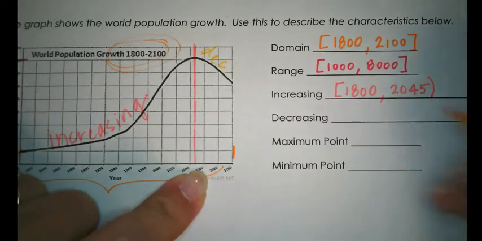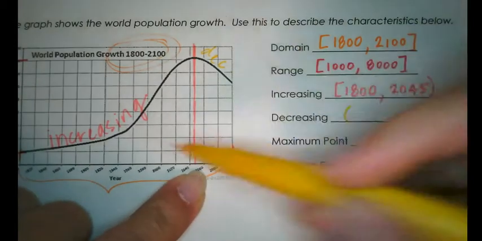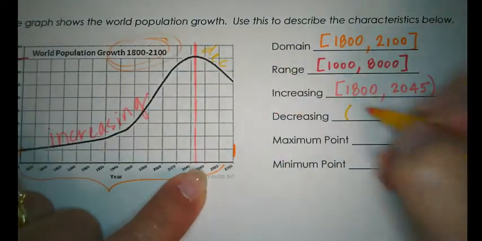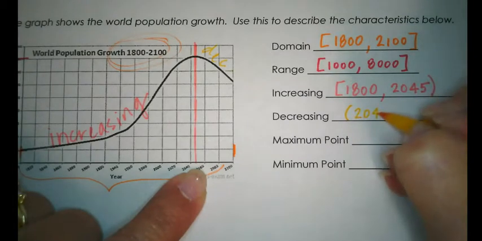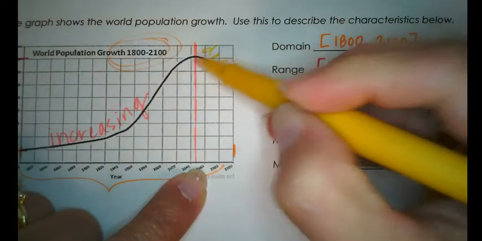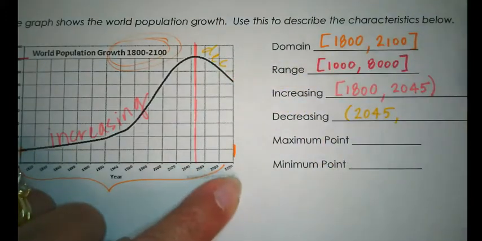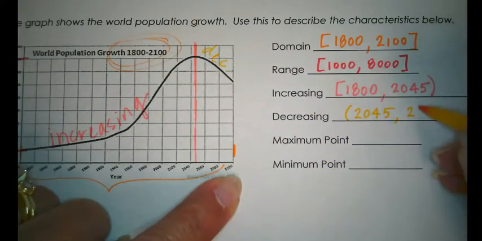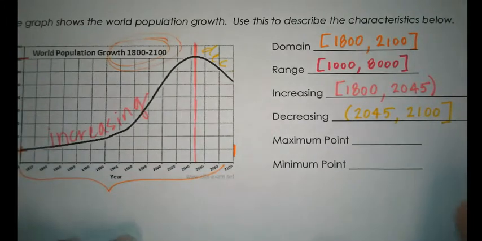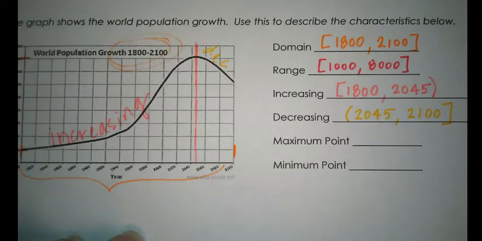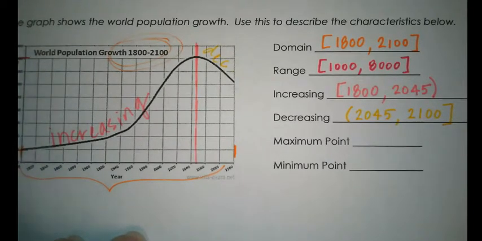We're just changing from an increasing population, and then it looks like starting in the year 2045, we start decreasing our population until the year 2100, and then that's where our graph stops. So we only have one part that's increasing and one part that's decreasing for this graph of information on world population.